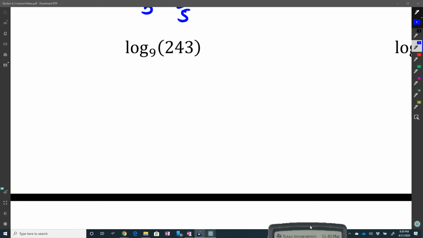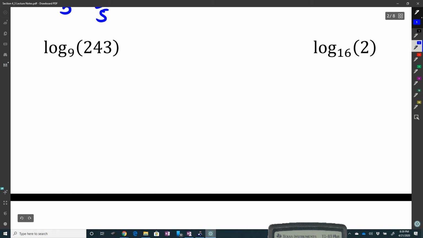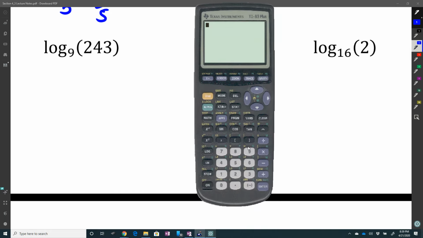Okay. 9 to the what is 243? Let's try to figure it out. 9 cubed? Nope, way too much. 9 squared is 81. What about 9 to the 3/2? Okay, what about 9 to the 5/2? Sorry, I went backwards there. 243.